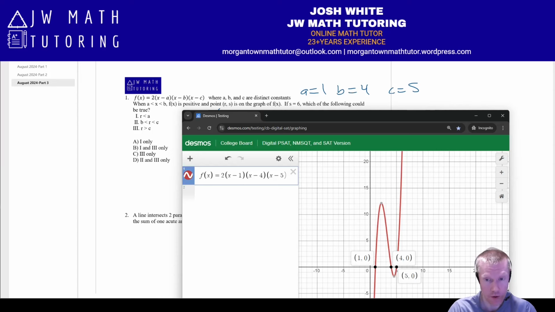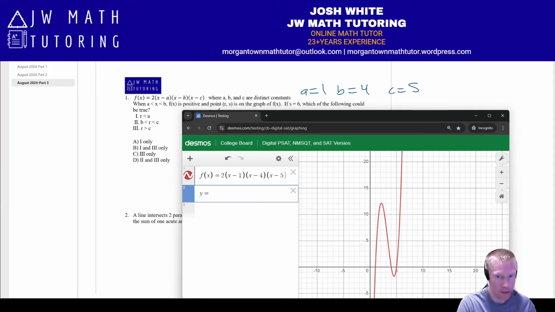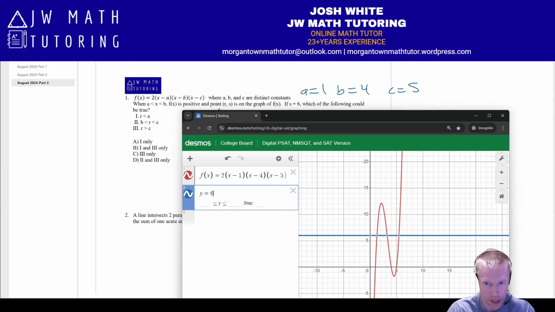So in other words, if you have a point here which has a positive value of 6, notice there are technically multiple places where this could be true. There's this one right here, this one right here, and also this one right here. Notice the first two are between a and b for the x value, or the r value.